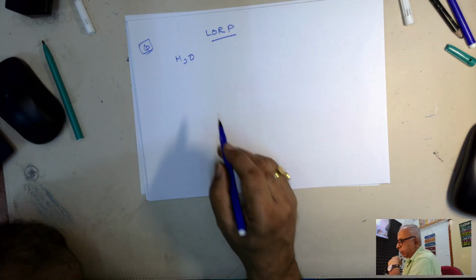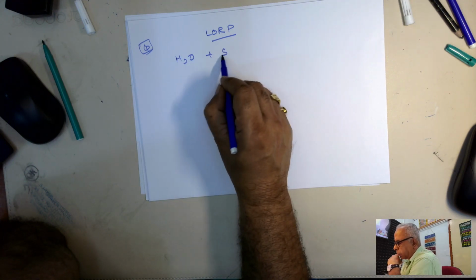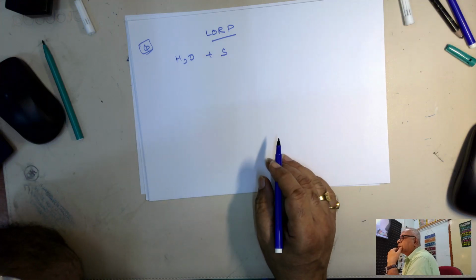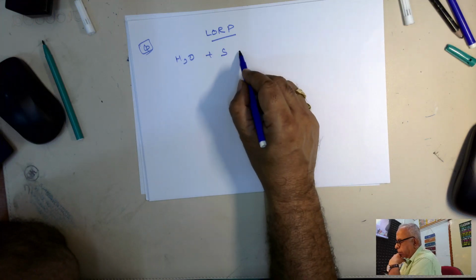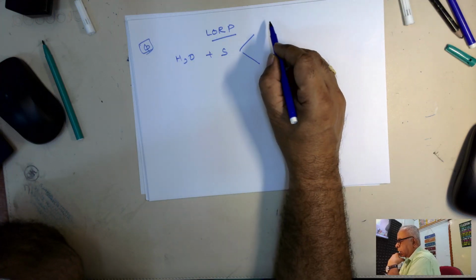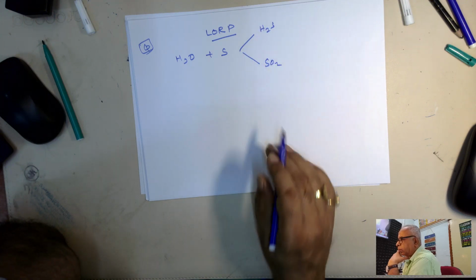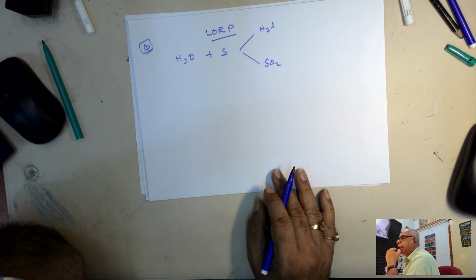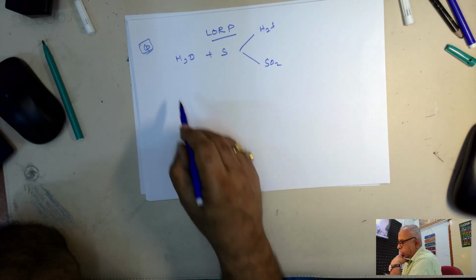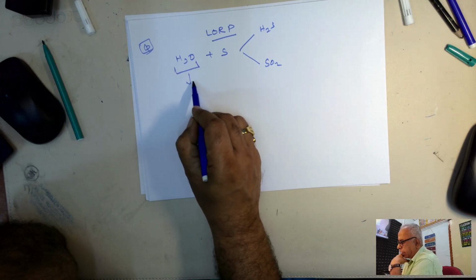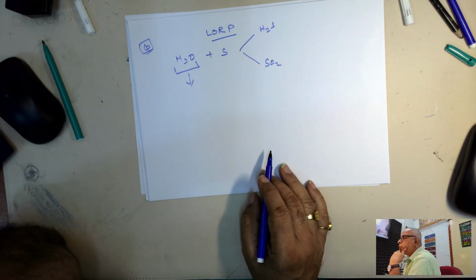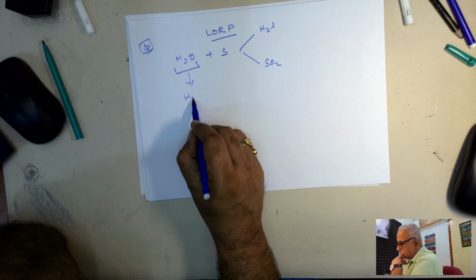They combine separately with the third element, sulfur, to form H2S and SO2 respectively. Then show that they can combine directly with each other to form H2O.